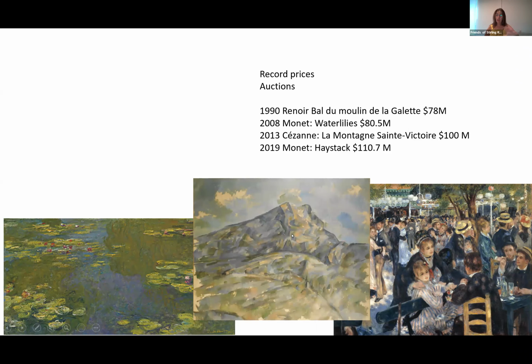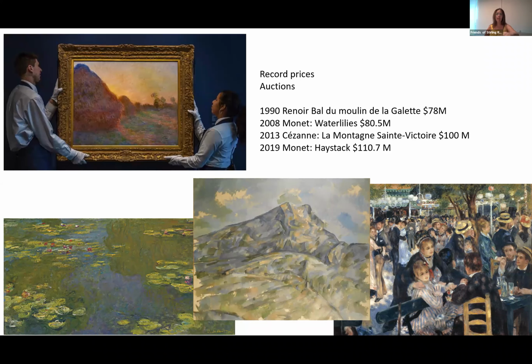Cézanne's painting, one of the 60 versions of La Montagne Sainte-Victoire, for $100 million. And in the year 2019, this painting by Monet, The Haystacks, was sold for $110.7 million. So as you can see, Impressionist paintings and Impressionism is very, very fashionable today, but it was not at the time of its inception.